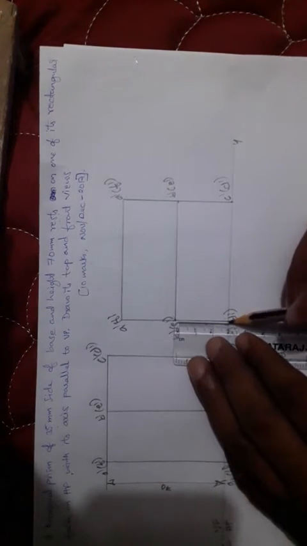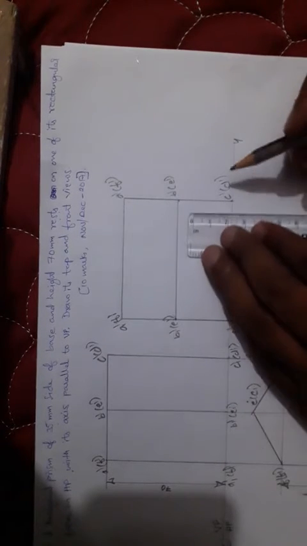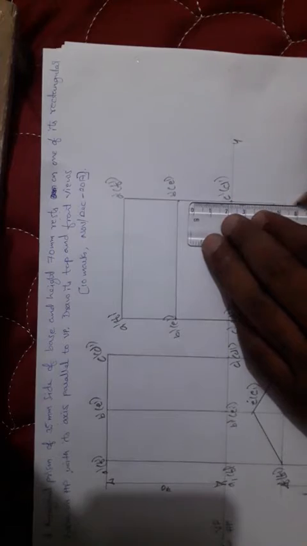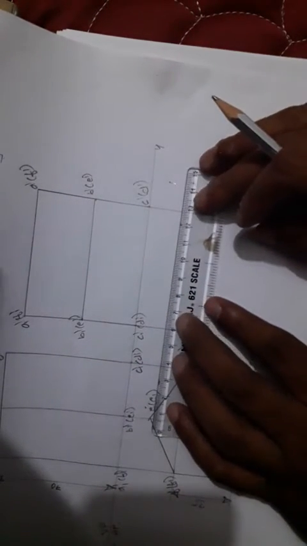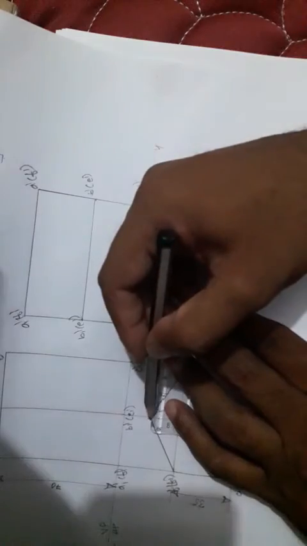Draw the vertical line from the front view of the second stage, and similarly draw the horizontal line from each corner of the top view of the first stage of the hexagonal prism.